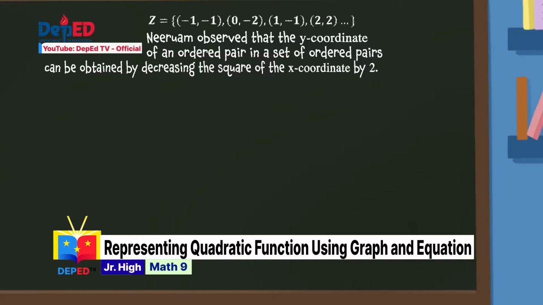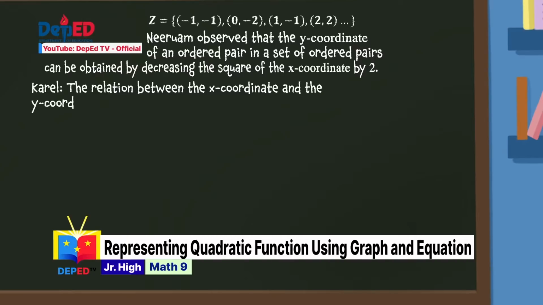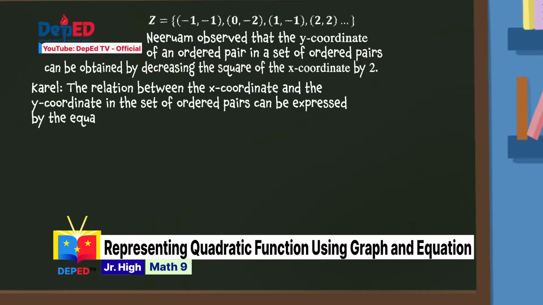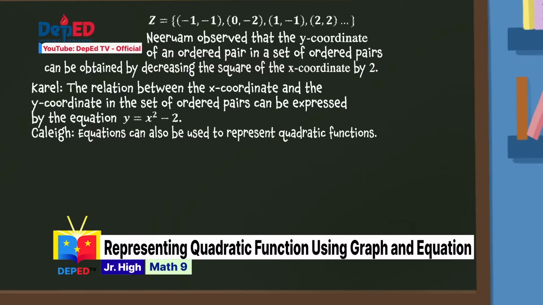Item number 1. Karel said that the relation between the x-coordinate and the y-coordinate in the set of ordered pairs can be expressed by the equation y is equal to x squared minus 2. Kale said that equations can also be used to represent quadratic functions.